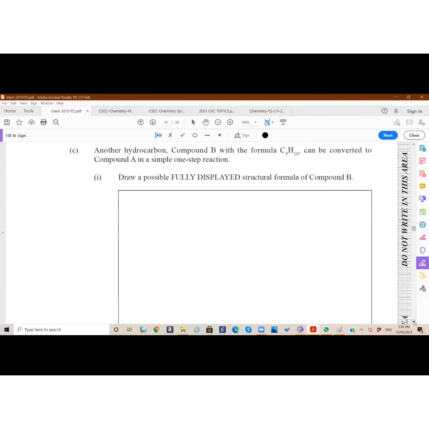Part C, another hydrocarbon, compound B, with the formula C5H10, can be converted to compound A in a simple one-step reaction. Part 1, draw a possible fully displayed structural formula of compound B. So compound B, they give you the formula there, C5H10.